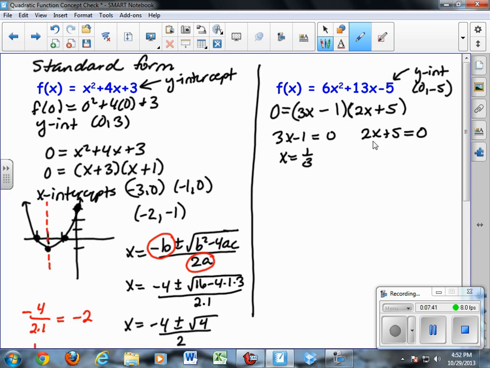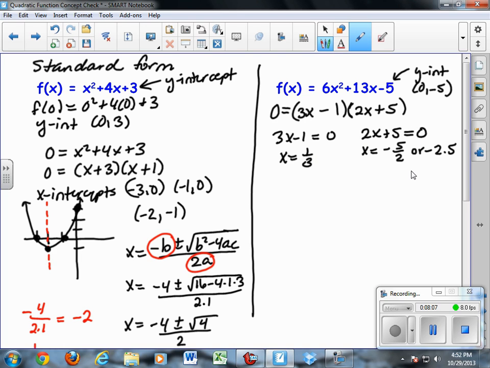What do I multiply by 2 to get negative 5? That means x has to be negative 2.5, or negative 5 halves. So the solutions are positive 1/3 and negative 5 halves, or negative 2.5.